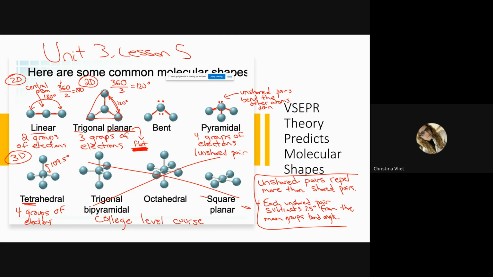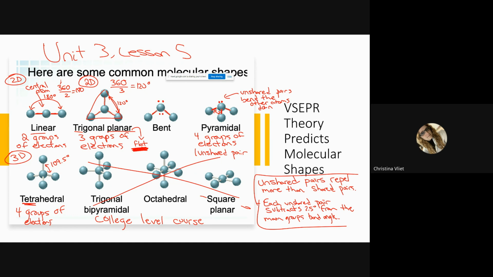So, knowing that, and knowing what is said here, can we figure out what the bond angle is for a pyramidal molecule around the central atom? So what is the angle between two atoms? Can we figure that out? 4 groups of electrons. What number is for 4 groups? It's the one number you just got to straight up memorize. It's 109.5.